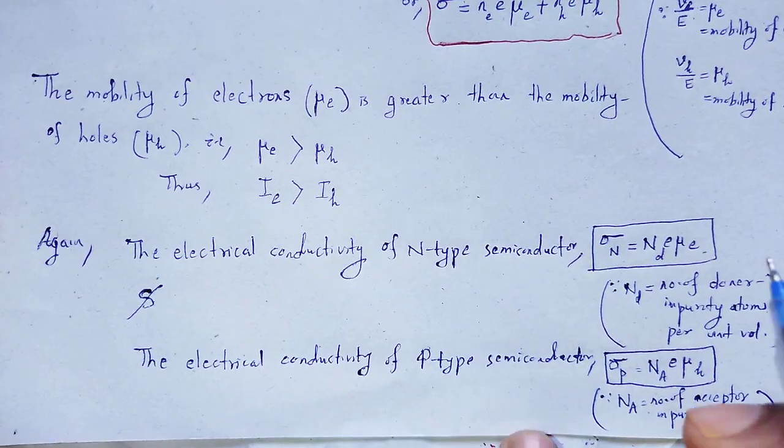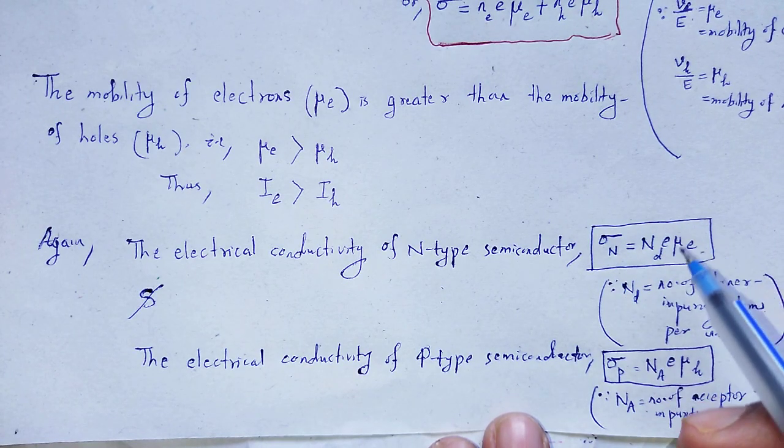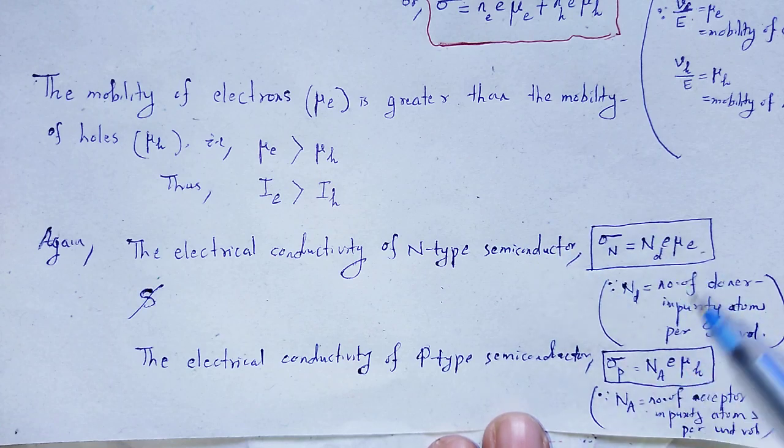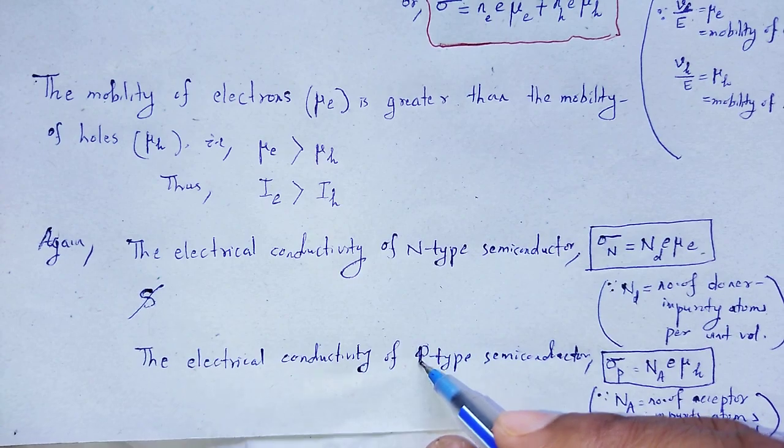That will be the expression for electrical conductivity and mobility for n-type semiconductor. Similarly, electrical conductivity and mobility for p-type semiconductor.